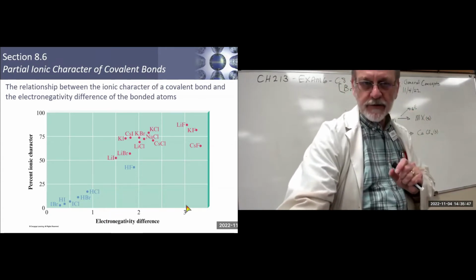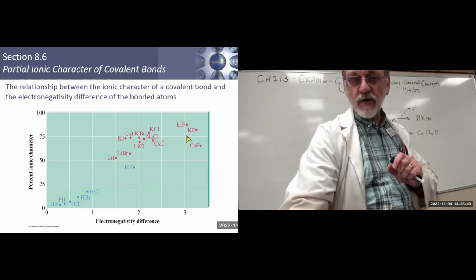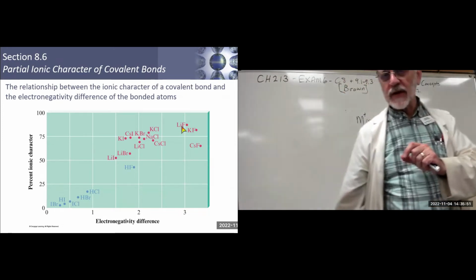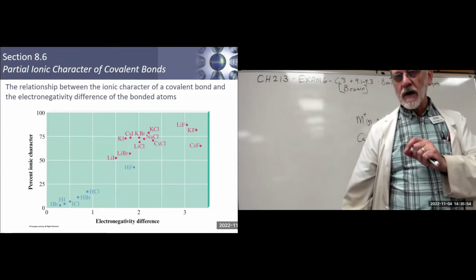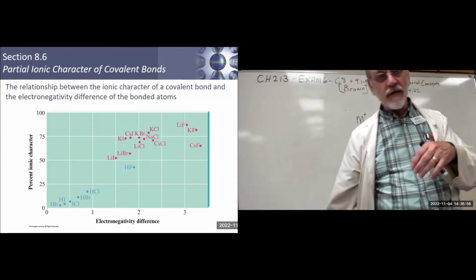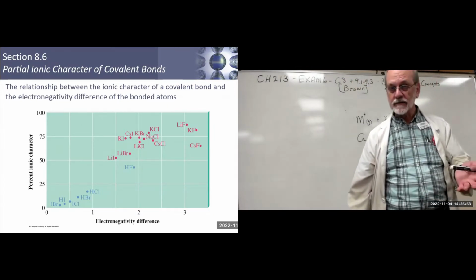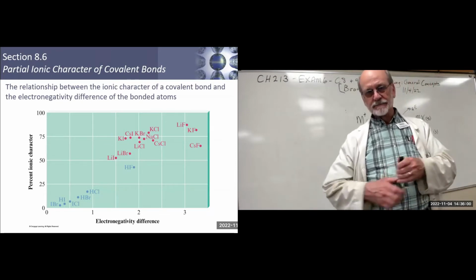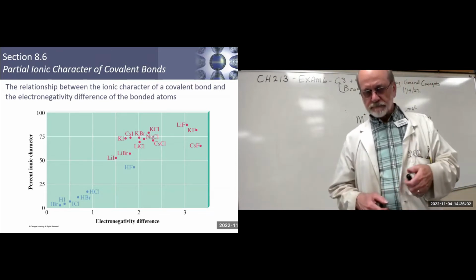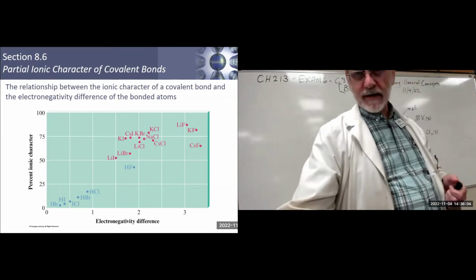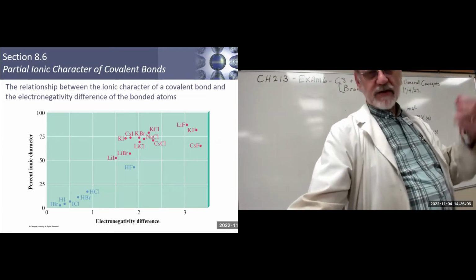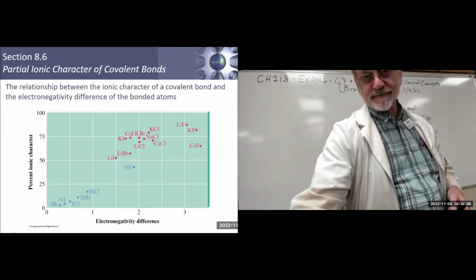So the greater the difference, the higher the ionic character. But notice lithium and fluorine are the most ionic here, and they're not 100% ionic character. That just illustrates the point is all.